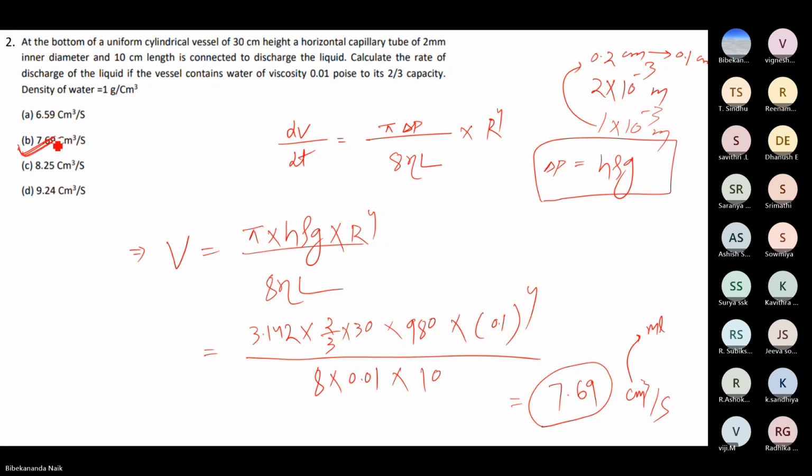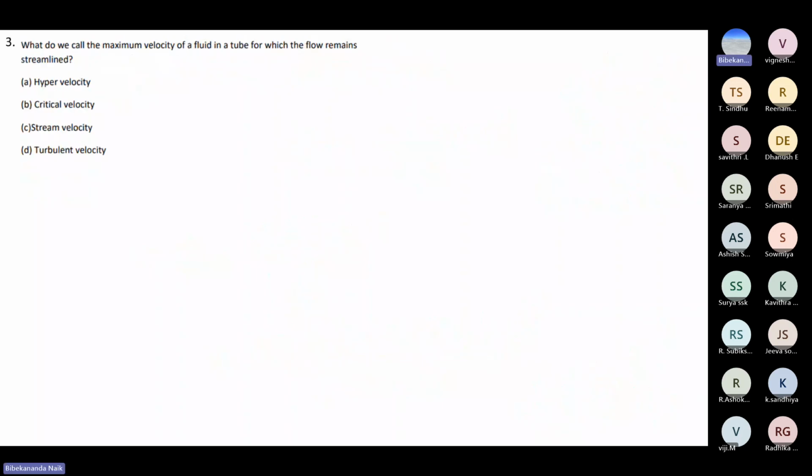So now the next question. The question says, what do we call the maximum velocity of a fluid in a tube for which the flow remains streamlined? It is basically a conceptual question.